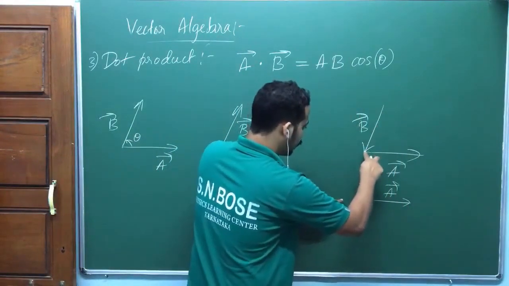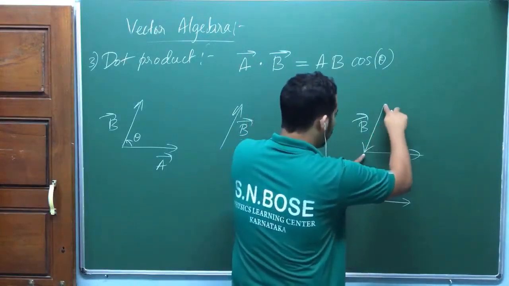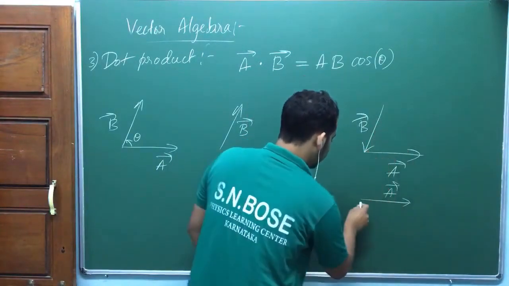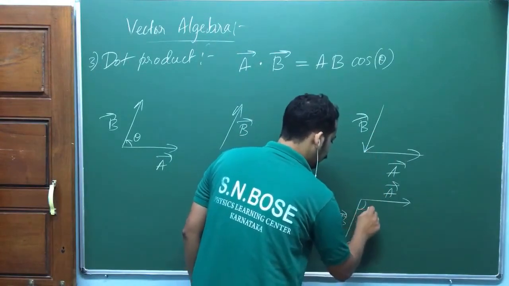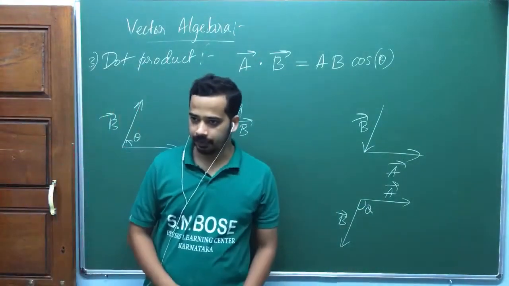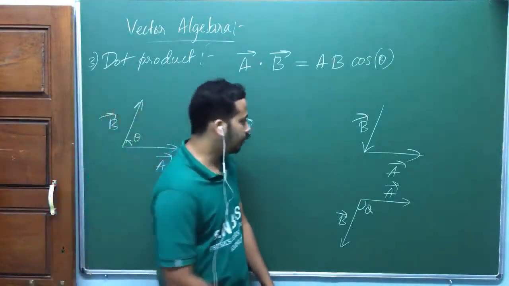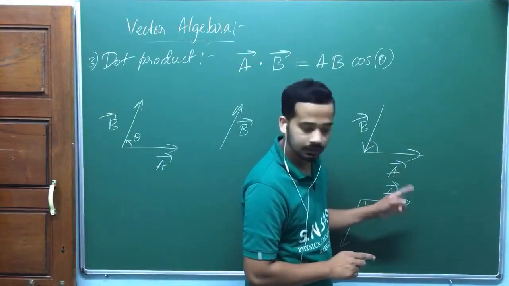You can move that vector, it has no location. You can move that vector like this, right? Then vector B. Then this is the angle theta that we are talking about here. Is that okay? Speak out. While taking dot product, don't take this angle. That would be wrong. Is that okay?